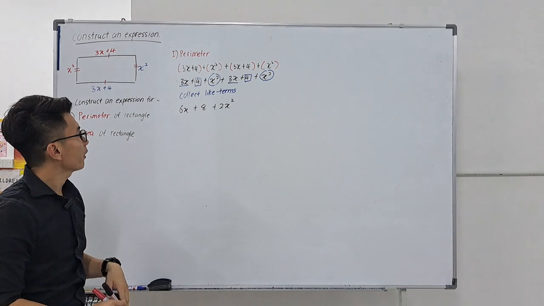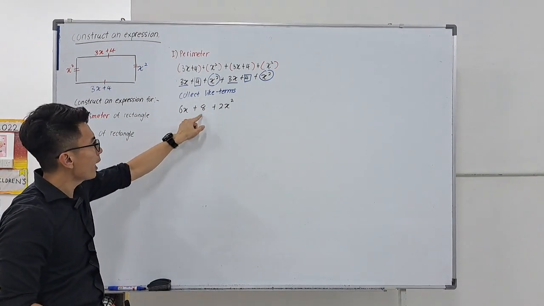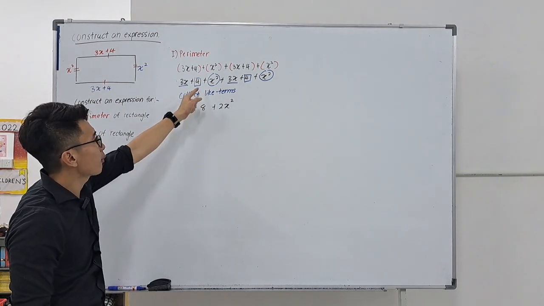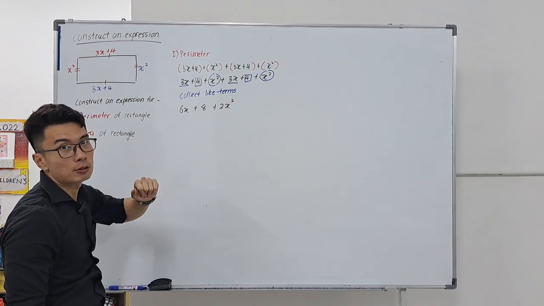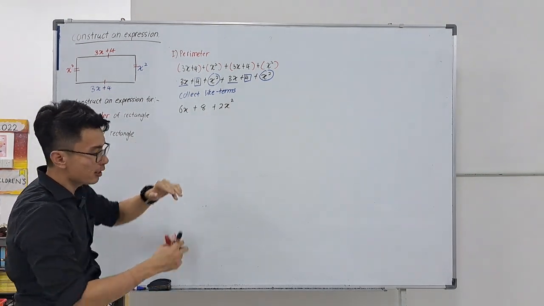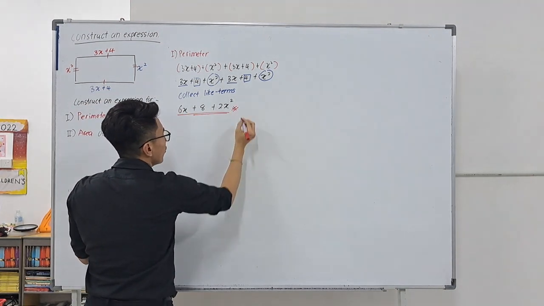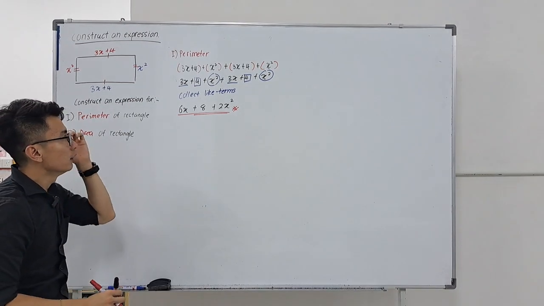You're done. Now let's look back at this expression. Can we do anything else with it? Can we continue to add them like what we did? No, there are no more like terms. So this is the final answer.